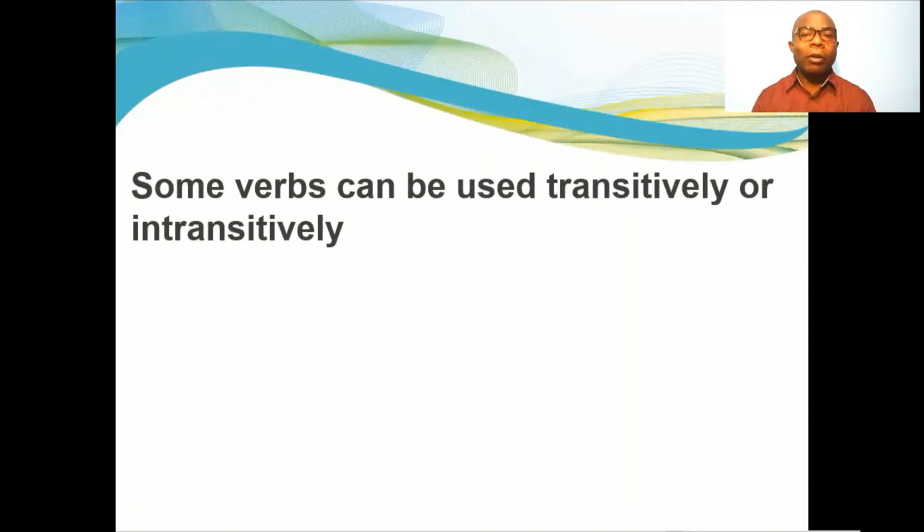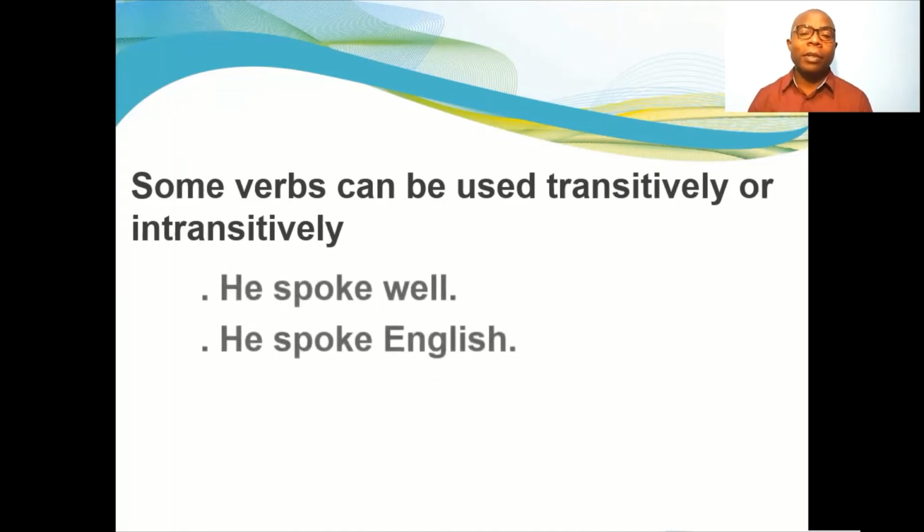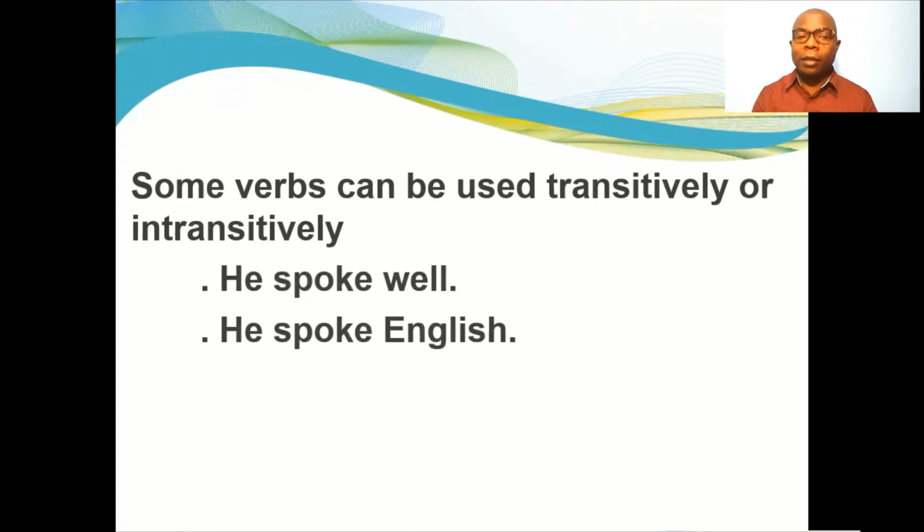The interesting thing also is that some verbs could be transitive and intransitive at the same time. So they could be used transitively in one way and intransitively in another. Some of these verbs are the verb speak and others, as we'll see. He spoke well. In that example, spoke is used intransitively because well does not answer the question, what? It answers the question, how?